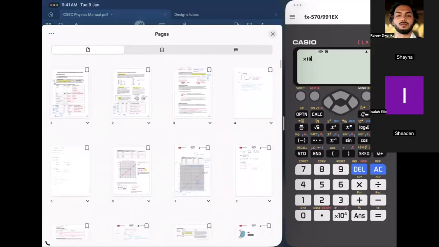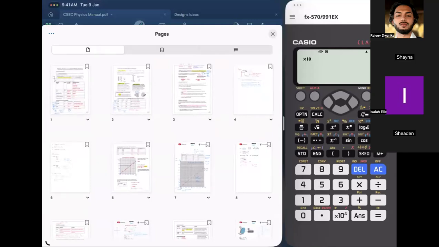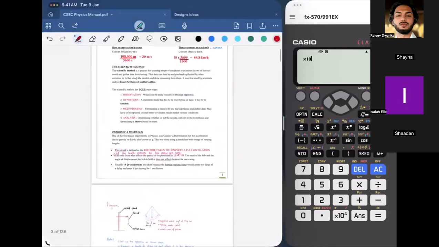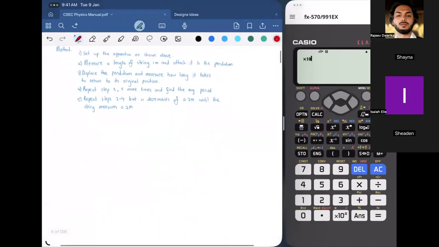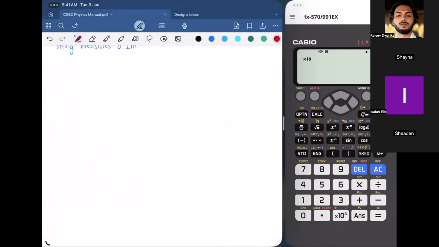Weight is equal to mass times gravity. What's the formula for force? Force is equal to mass times acceleration. Is weight an example of a force? Yes, sir. Give me an example of another type of force. Friction.